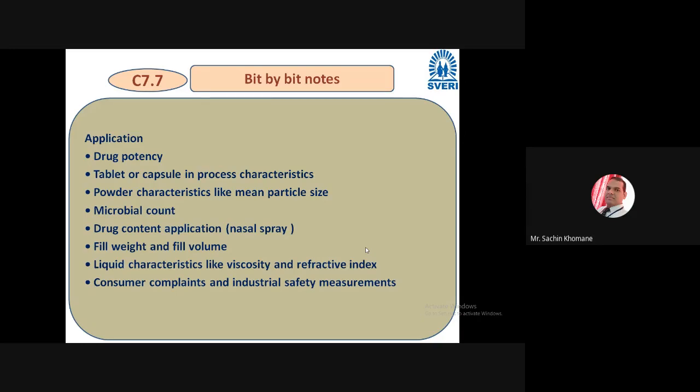Even COVID sprays are available in European countries, right? So in that case, people spray that medicine in the nose. If it is not within a certain limit, if it is acidic or very harsh, definitely there will be an issue with your nose, and you will suffer. So they check concentration regularly.